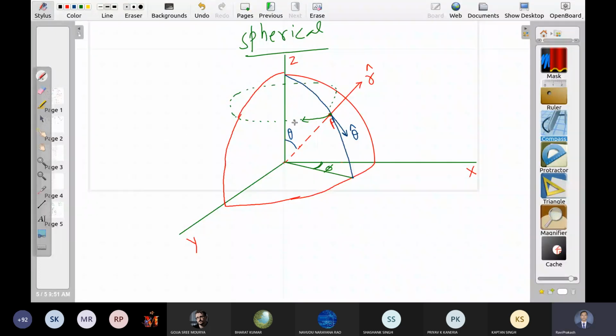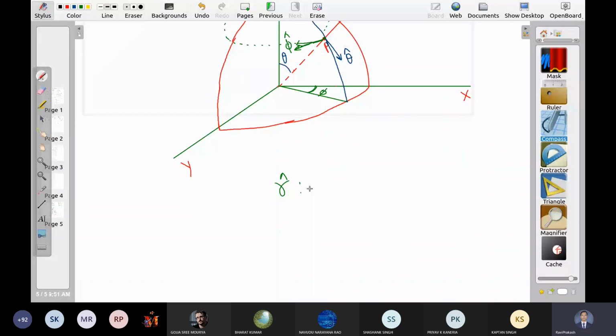This direction is called phi. So you can see r cap is perpendicular to the surface of the sphere.